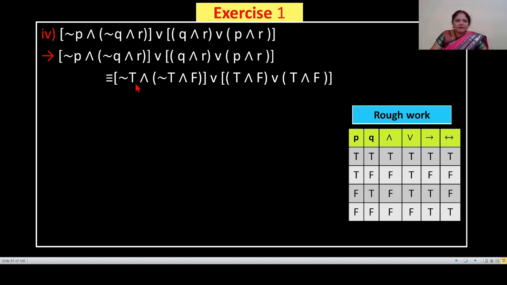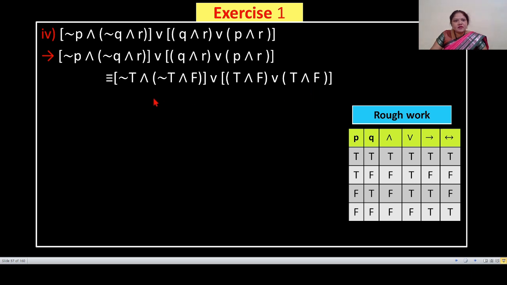Negation T is F. Negation T is F. Here T and F, that means conjunction of these two statements' truth values. We know that in conjunction, if the first statement is true and the second statement is false, then their conjunction is false, and if both statements are true, then their conjunction is true, otherwise false. Therefore, T and F is F.